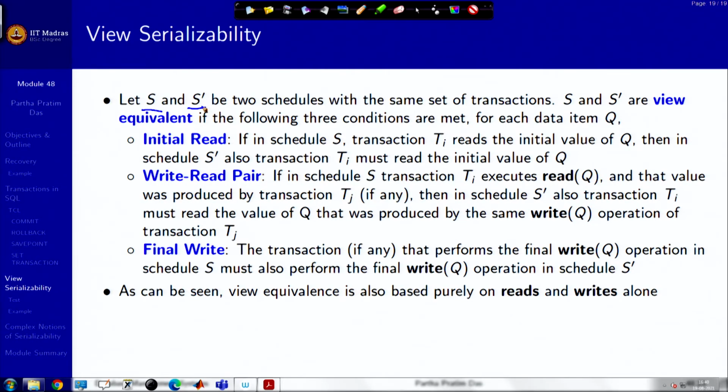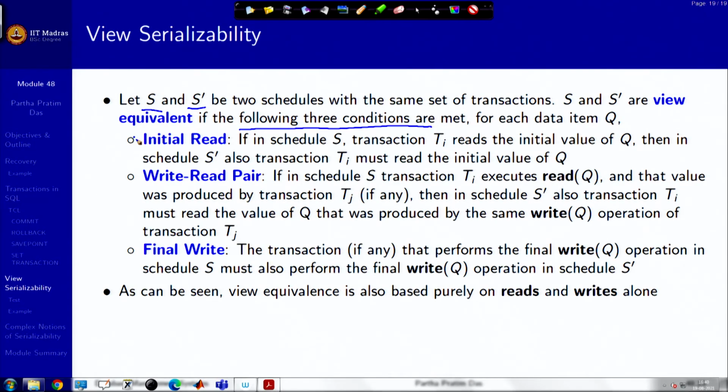We defined conflict equivalence by saying that one schedule is conflict equivalent to the other if non-conflicting consecutive instructions can be swapped to get from one schedule to the other. Here this is a similar concept, but the conditions are different. It needs to meet three conditions.